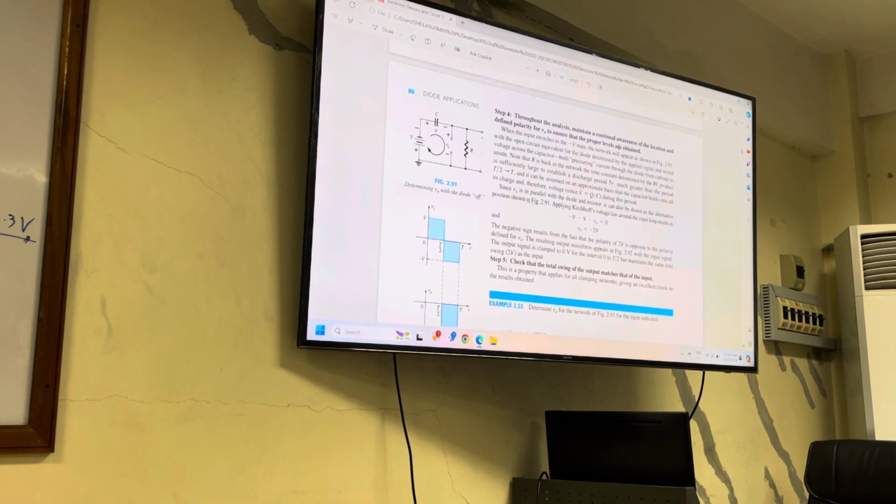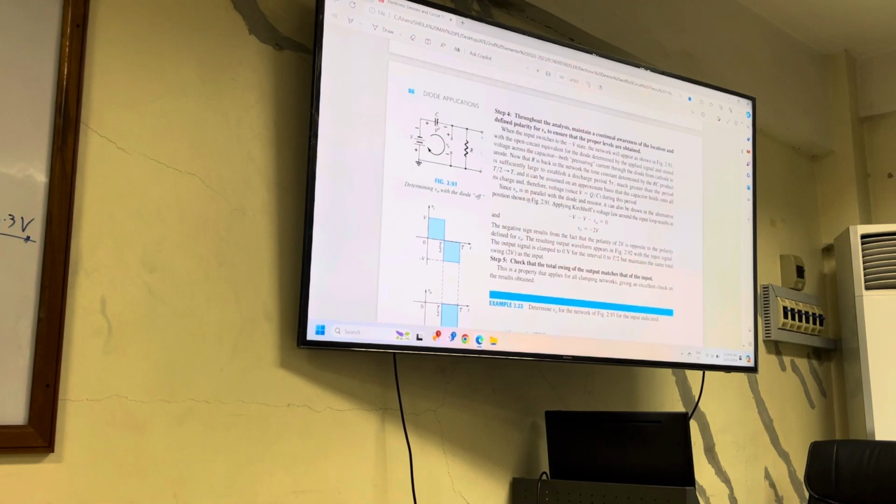So we have here an example. Here is the DC supply. Class, you see V output here, but it is also defined here as V output. So what it will do is negative V. This is also V, which is called VC. Okay?